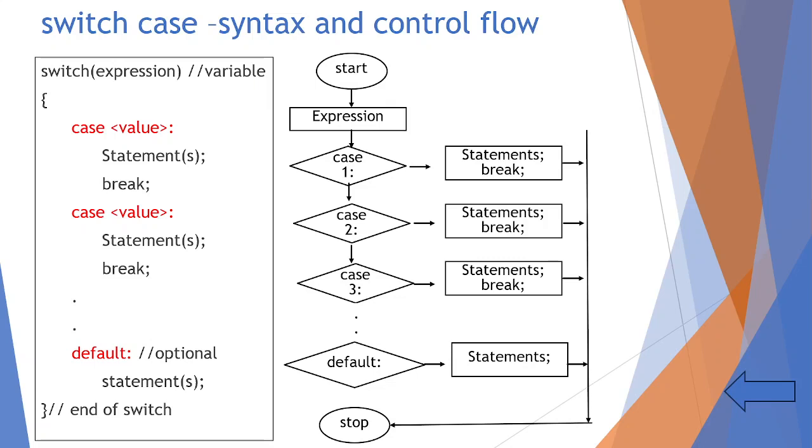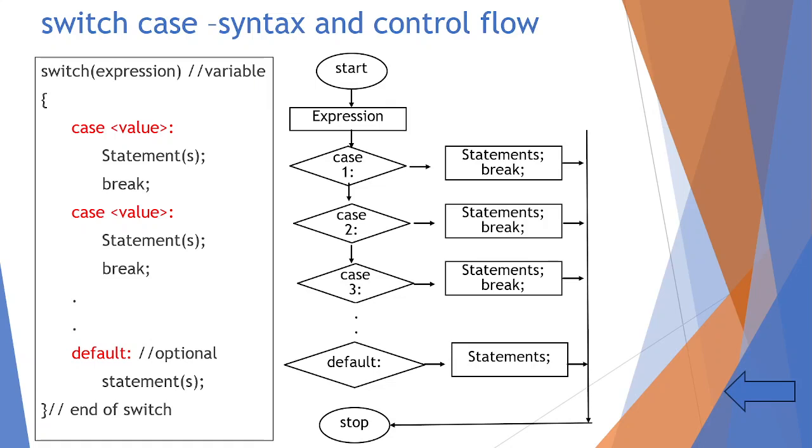But if the switch expression is a character, then values will be related to characters A, B, C, D, whatever it may be. Like this, we can create case value 1, case value 2, case value 3, any number of cases. And the last one is default, which is an optional statement. Default is equivalent to the else part of the if construct.